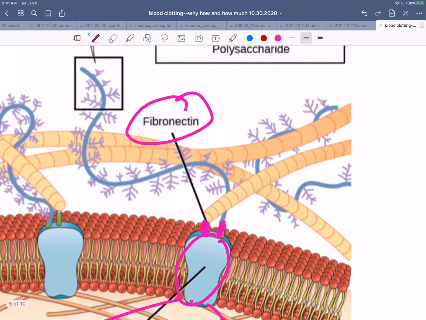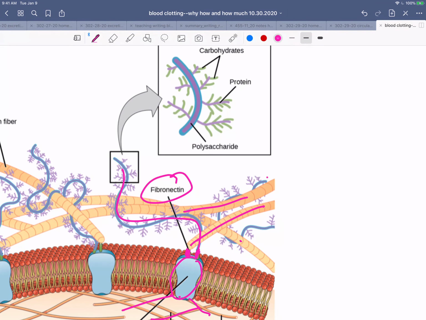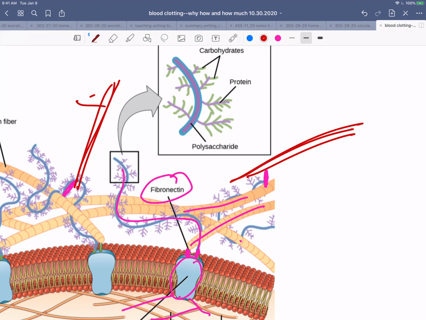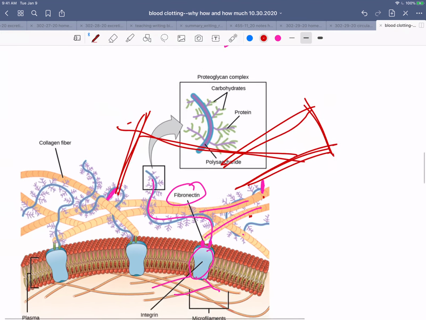And fibronectin is bound to extracellular matrix components like collagens or elastins or glycoproteins. But fibronectin also occurs in other locations than just attached to the integrins, and it appears as though fibrins can attach to fibronectins. And so you get this mesh that then is tethered to nearby extracellular matrix.